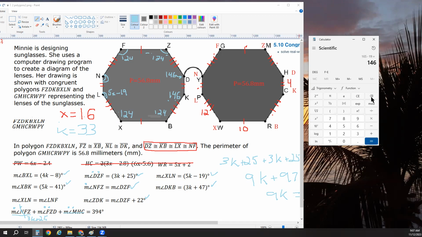Minus 19 equals 146. Hopefully I got the right stuff. There we go, and that's 146. Those look like nice round numbers for this polygon here. It's like a hexagon, kind of. All right, so there you go.